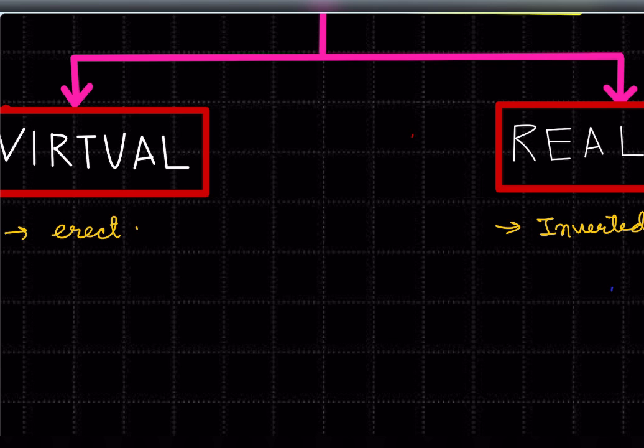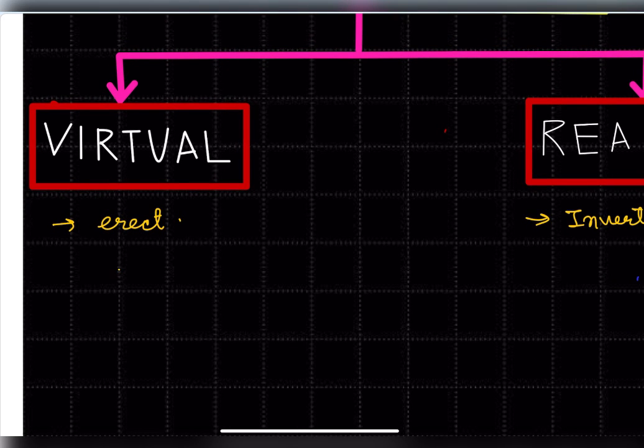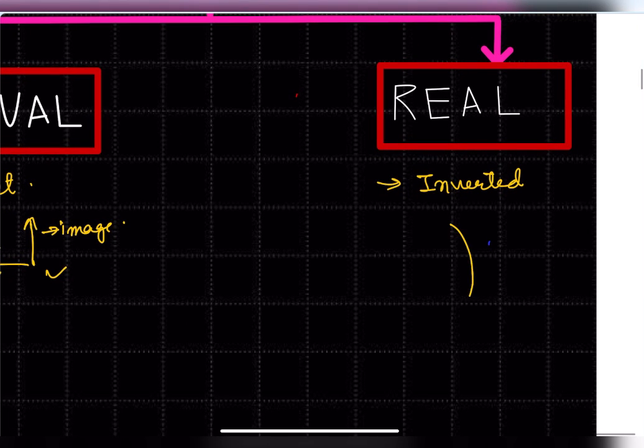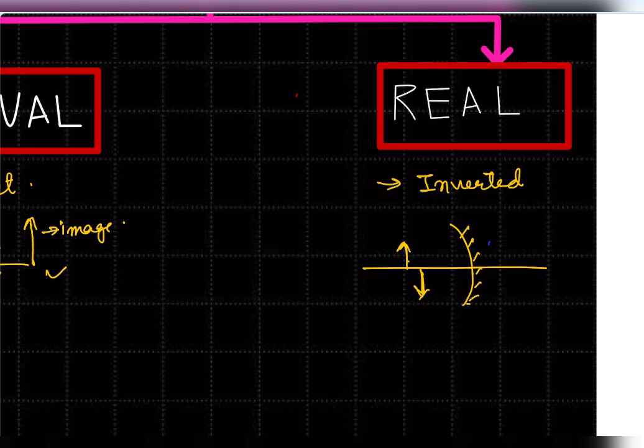What else can we discuss? In the case of a concave mirror, which we have discussed just now, if the image is from the backside, this is virtual. Let us take the example of a concave mirror. If the object is here and the image is formed here in front of the mirror, then this kind of image is called real and inverted.